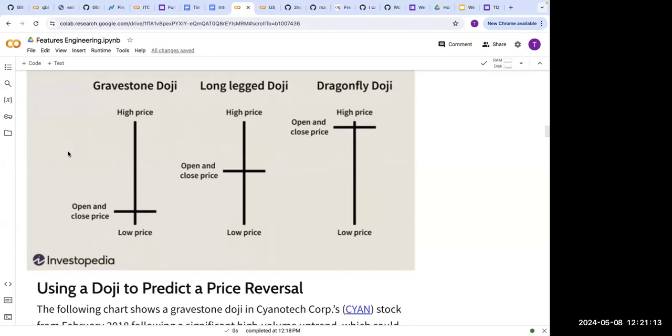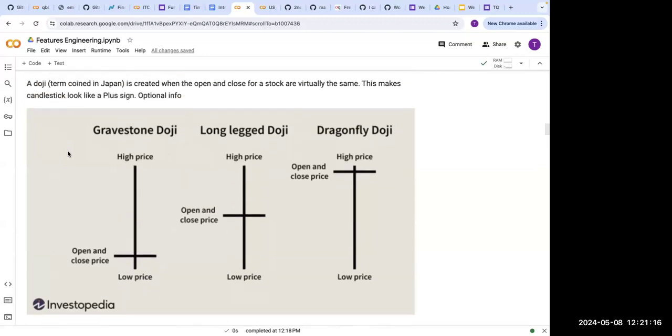if you understood this, this extra information is that you can have three kinds of dojis. You can see the description here: gravestone, long legged, and dragonfly. It's just dependent on how the variation was. So here you can see open and close price were very low, but it did trade very high in the day.